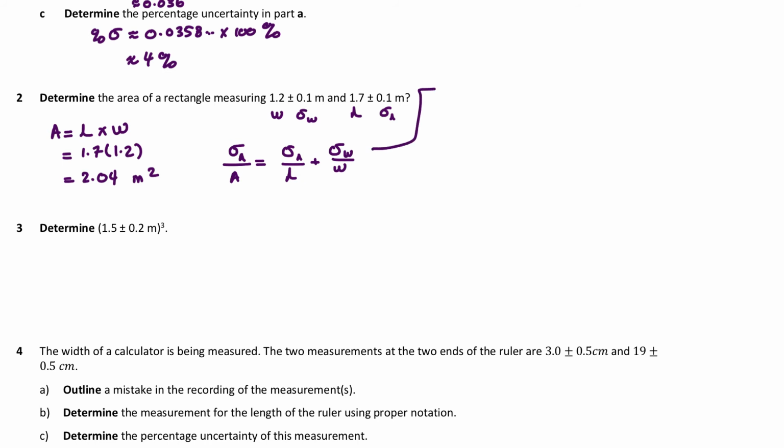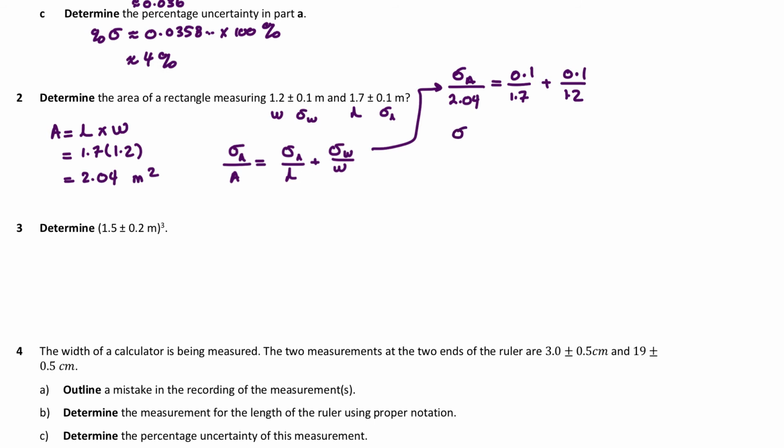So I'm going to do that right here so I have a little bit more space. The uncertainty of my area over the area value, we already calculated that as 2.04, will equal the uncertainty of length is 0.1, length is 1.7, uncertainty of width is 0.1, width is 1.2. So I'm going to put all of those into this equation, and I will get 0.1 divided by 1.7 plus 0.1 divided by 1.2.